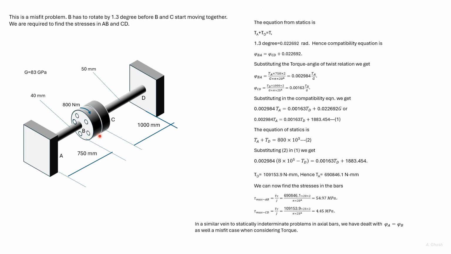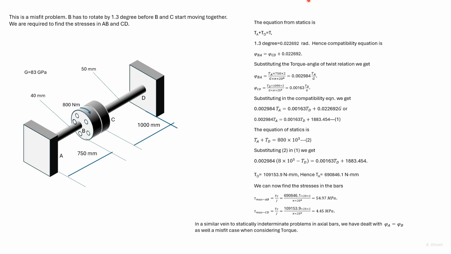As earlier discussed, the bar AB has to rotate by a small angle before AB and CD start rotating together. So phi BA is equal to phi CD plus that small angle.